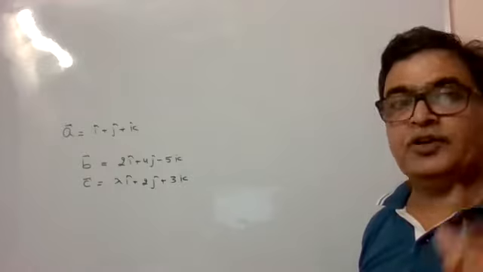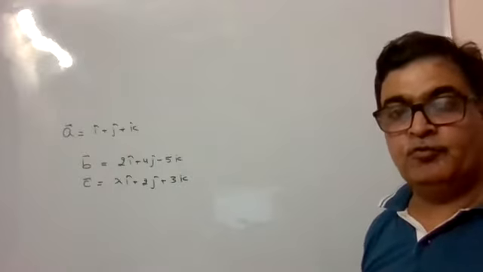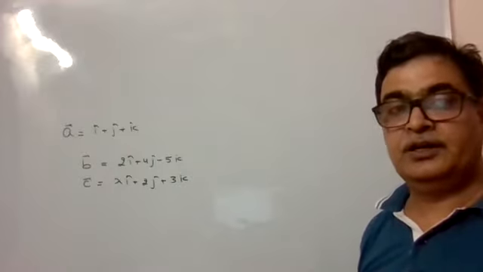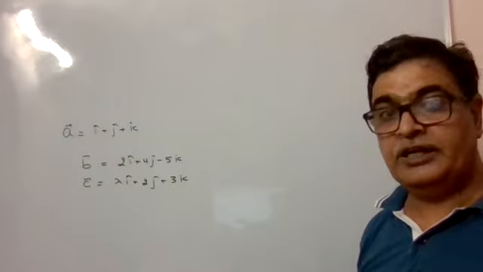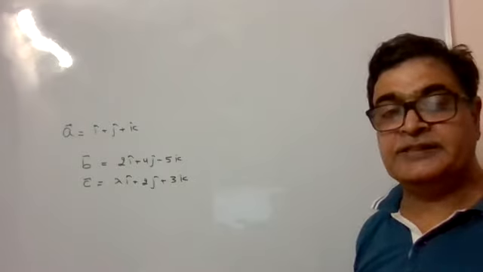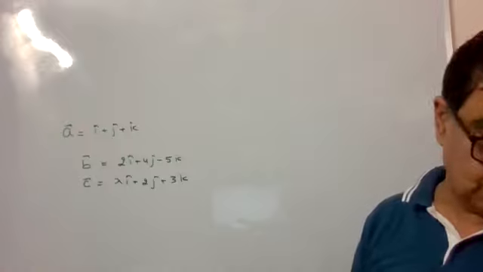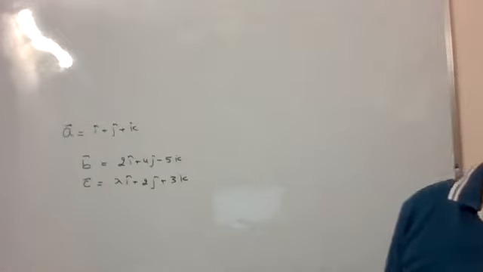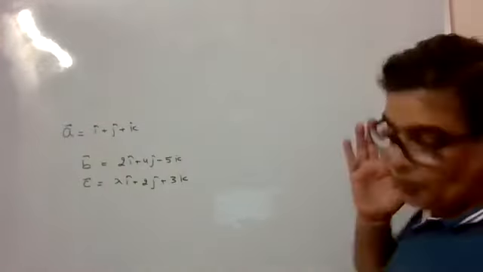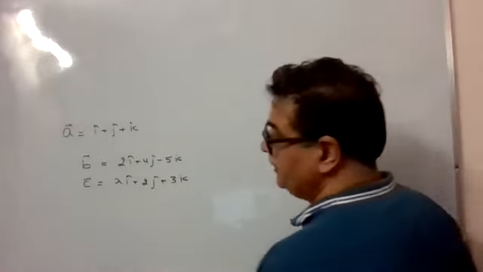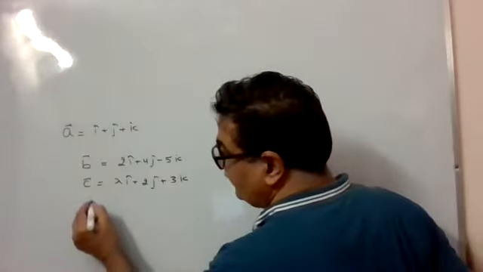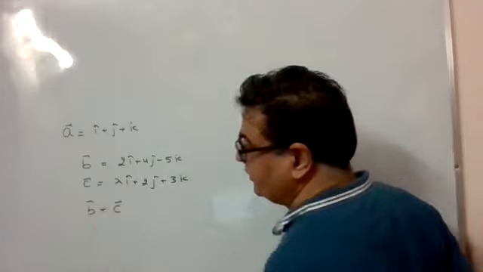The dot product or scalar product of A with the unit vector along the sum of B and C vector is equal to 1. Means first we should find out what is B plus C vector.